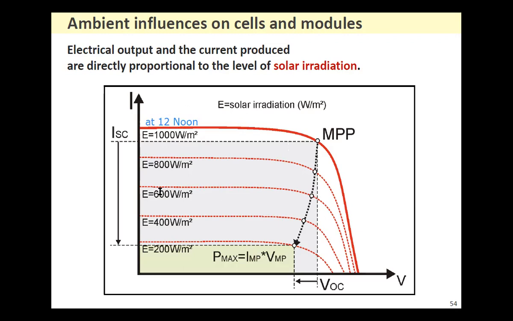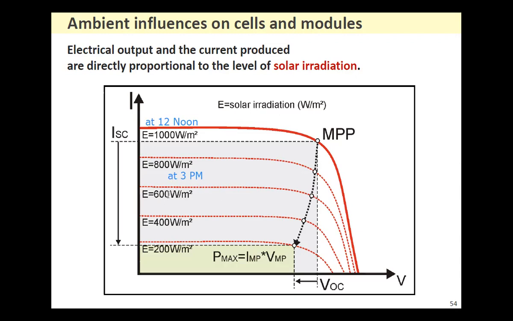If you take an example, like around 3 p.m. during the summer, the irradiation is reduced to around 600 watt per meter square.